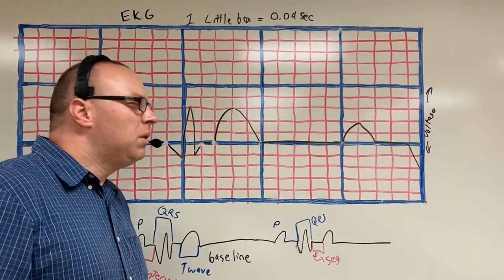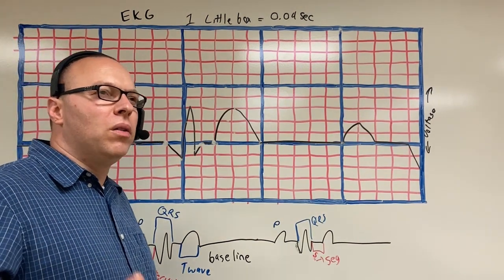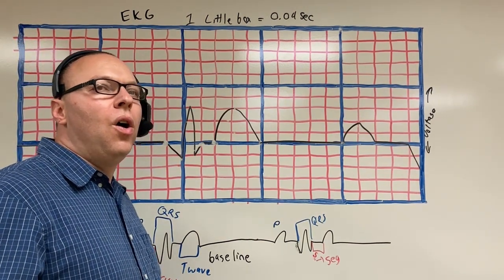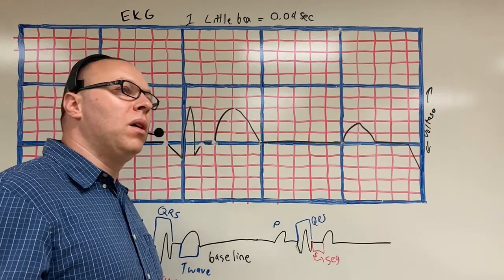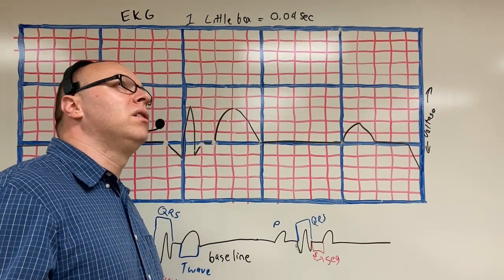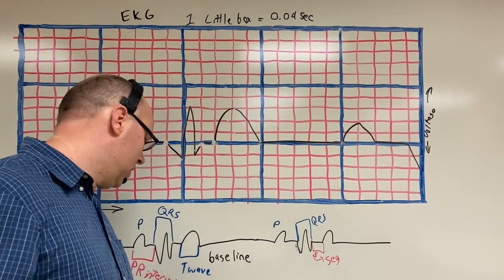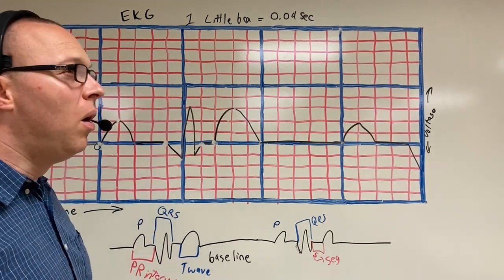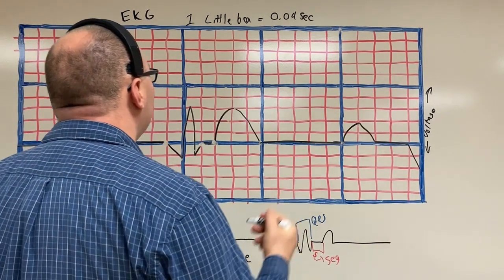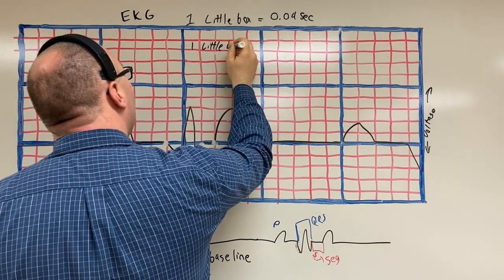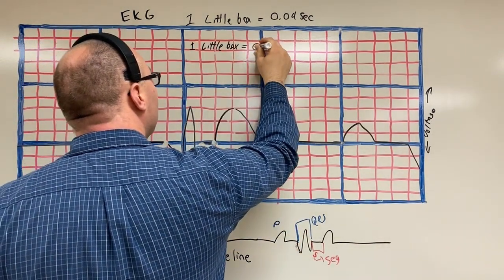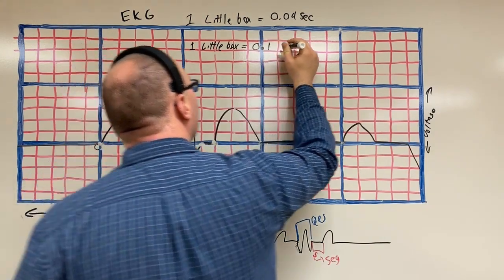But once again, we typically don't like to talk about voltages in terms of little boxes. Oh, I need some AA batteries. How many little boxes of charge do you want? They're like, what the heck are you talking about? We talk about volts. Our voltage is so small that 1 little box is equal to 0.1 millivolts.